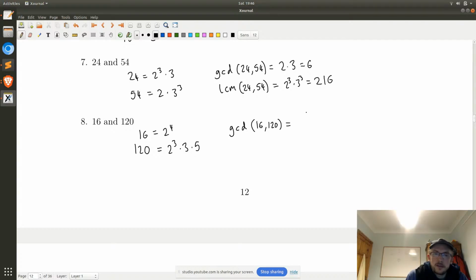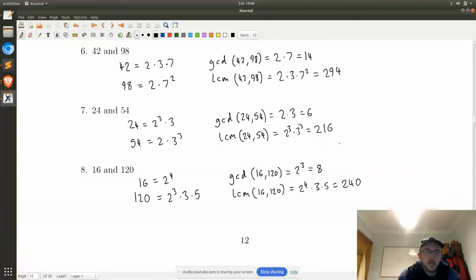The GCD would be 2 cubed, which is 8. The LCM would be 2 to the 4 times 3 times 5. So just 2 times this, 240.